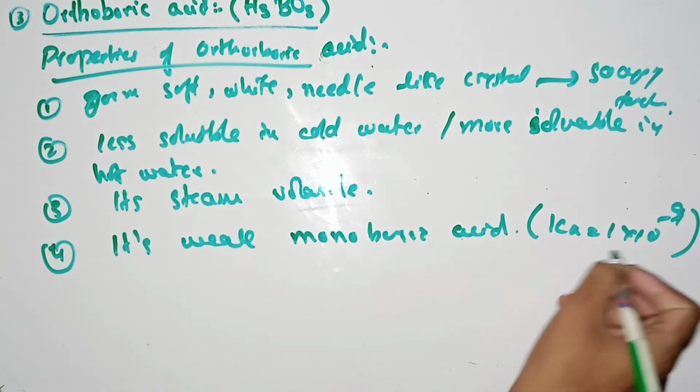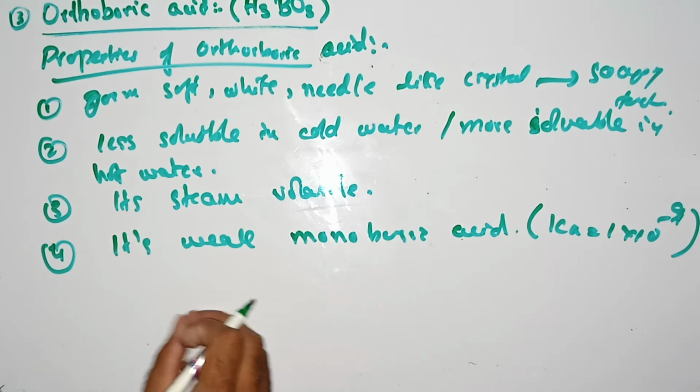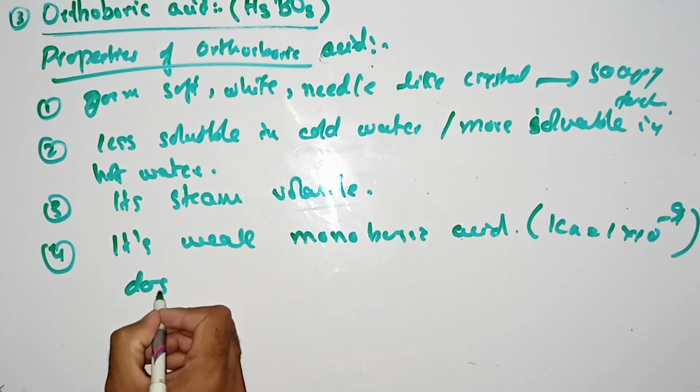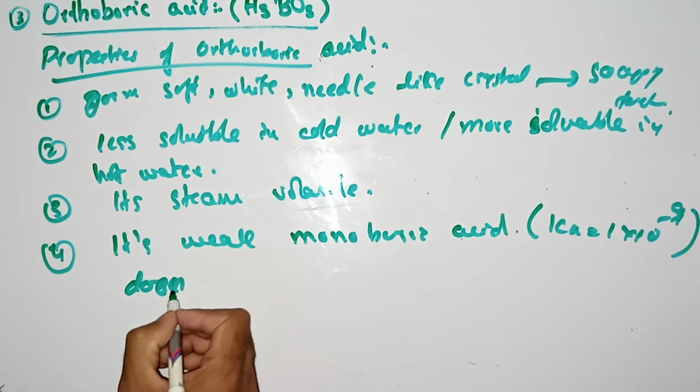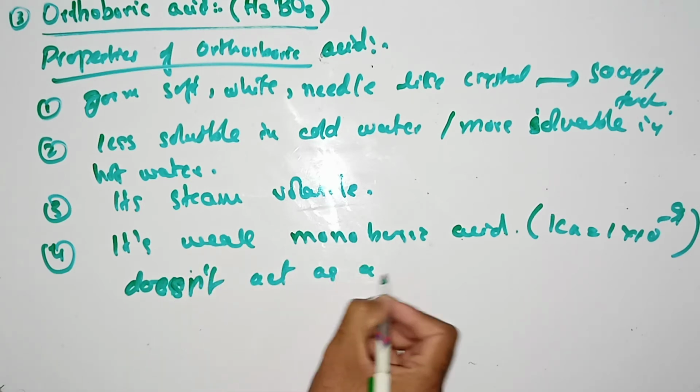That is the Ka value for orthoboric acid. It is a monoacid, a weak acid. It does not act as a proton donor.